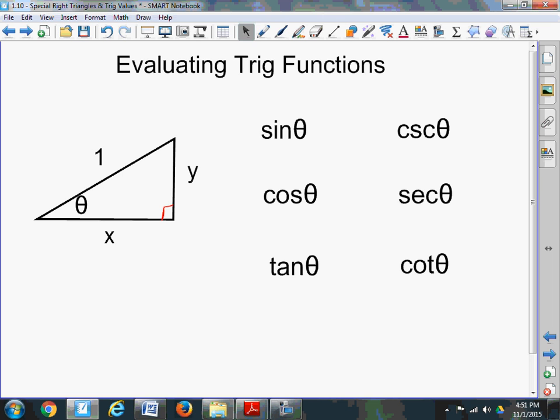All right, so if we go back to when we first learned about trig functions, sine is the opposite over hypotenuse, so we can think about SOHCAHTOA, so S-O-H. Cosine is adjacent over hypotenuse, and tangent is the opposite over adjacent. The other three trig functions are the reciprocals of those.